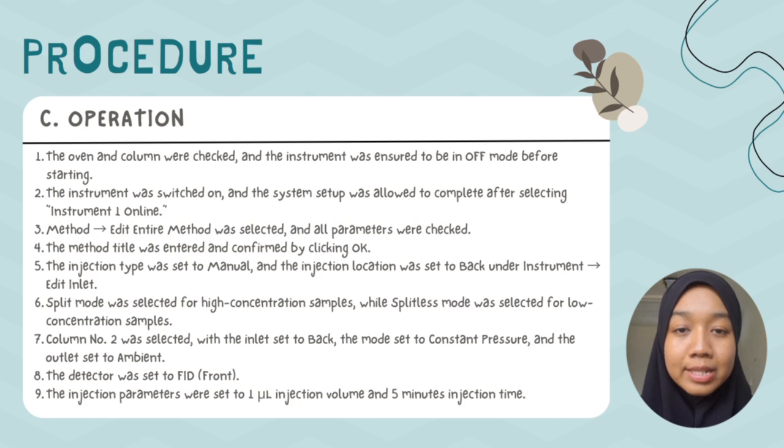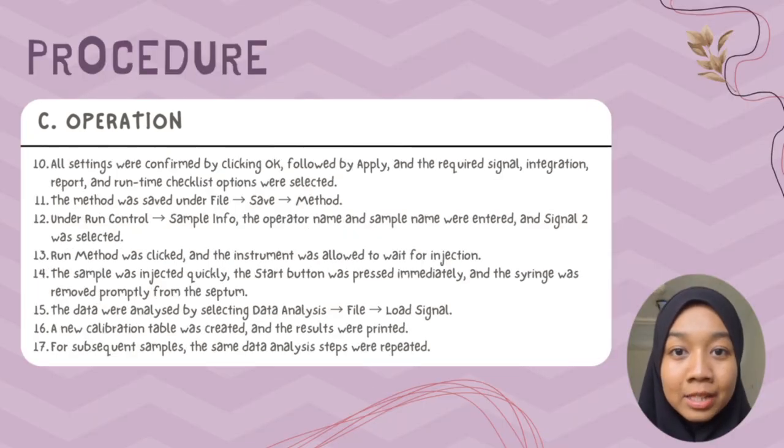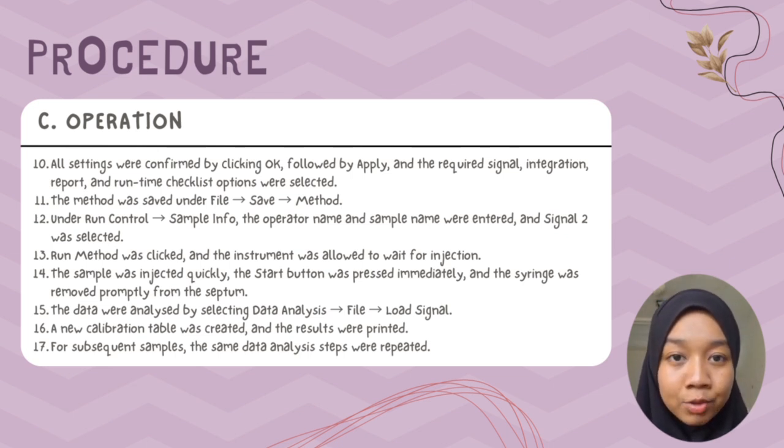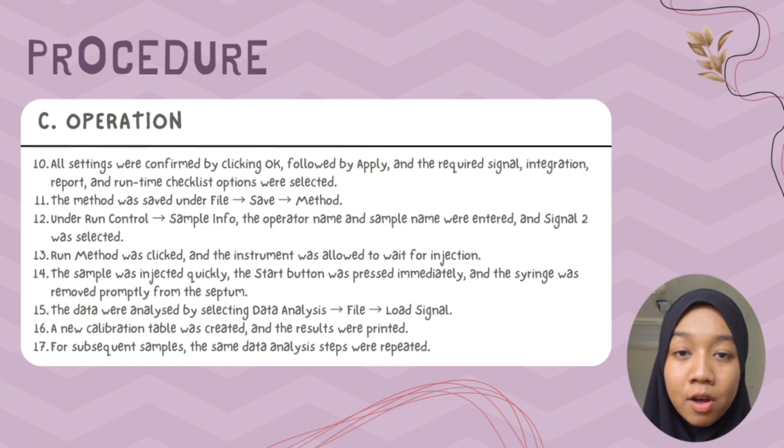The detector was set to FID, and the injection parameters were 1 microliter volume and 5-minute injection time. The method was saved, operator and sample information were entered, and the run method was started. Samples were injected quickly and data were analyzed by loading the signal and creating a calibration table. The same steps were repeated for all subsequent samples.